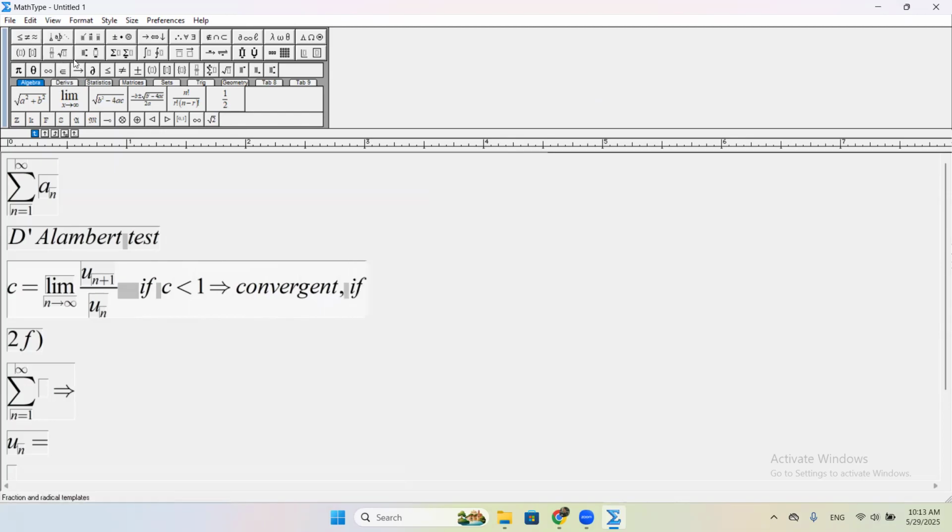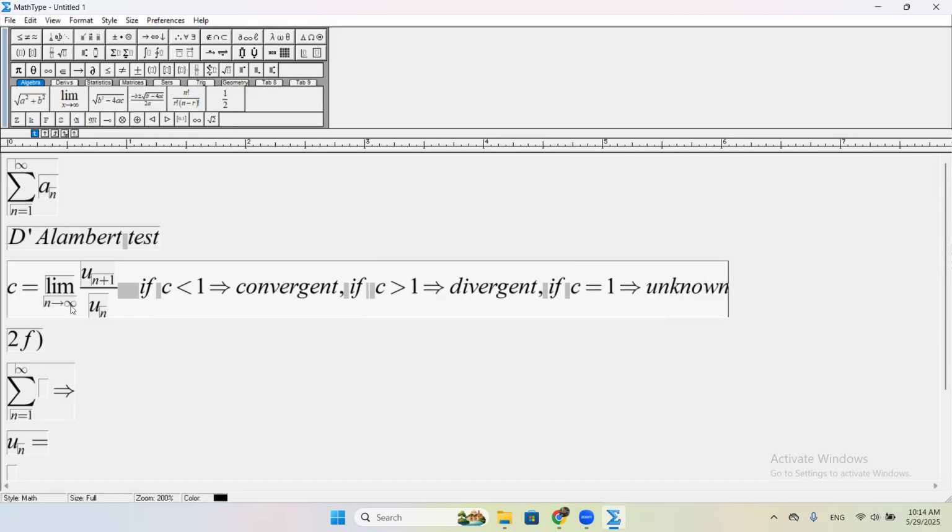If C is greater than 1, divergent. And if C equals 1, we cannot say if it is convergent or divergent. So we will have to provide more investigation. So it is unknown, and we will have to use other tests.